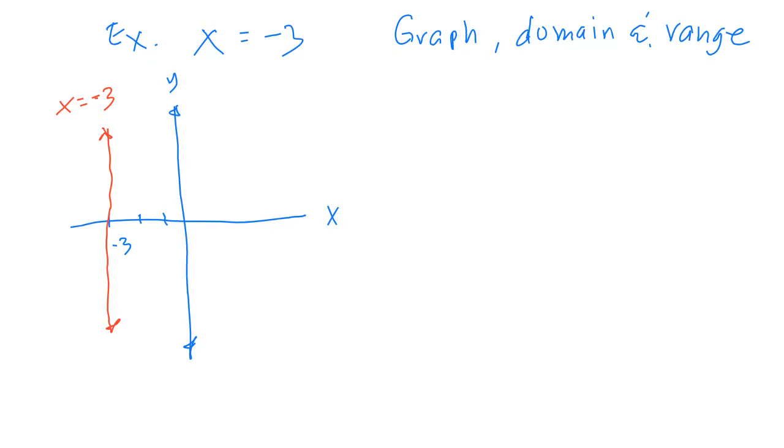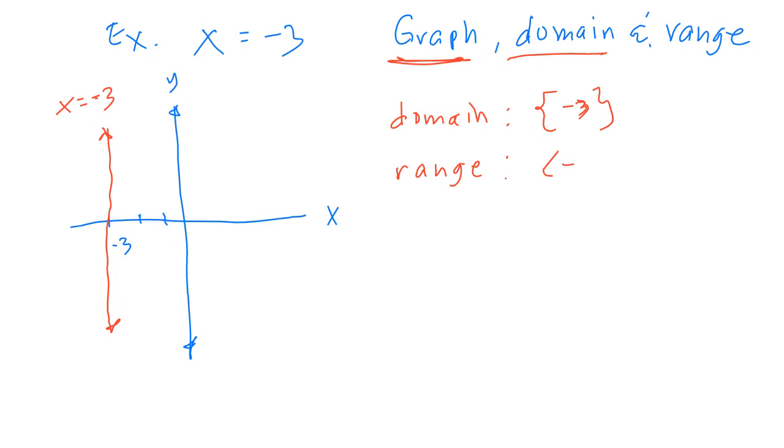Okay, and that's the answer for the graph. For the domain, you have only one point. So your answer would be just -3, because that's the point that the line is crossing. And then we have the range. The range, you can see it's pointing upward and it's pointing downward, so it occupies all y values. So that would be all real numbers, -infinity to infinity.